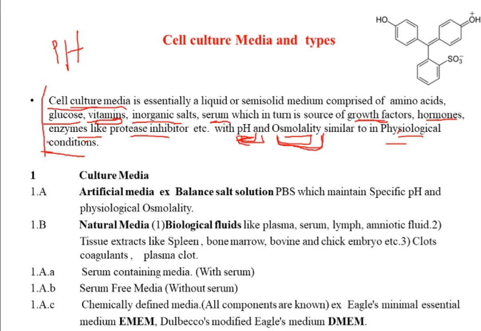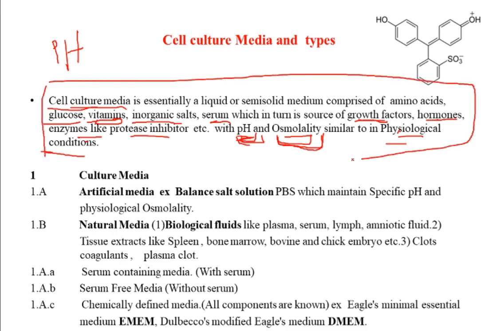So media contains all these ingredients. So that is the reason the media has a standardized concentration of all these ingredients with a balanced pH and osmotic condition, so that when you put that cell into this media, the media will fulfill all the requirements of a cell and it nurtures the cell.